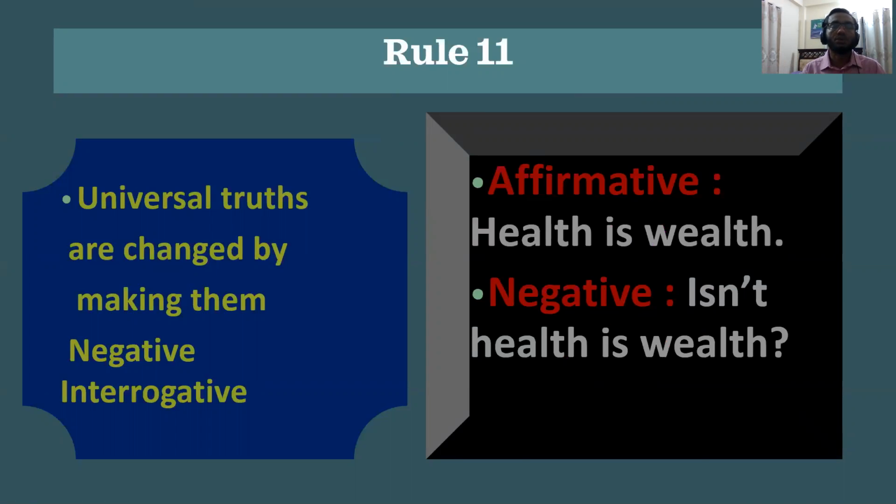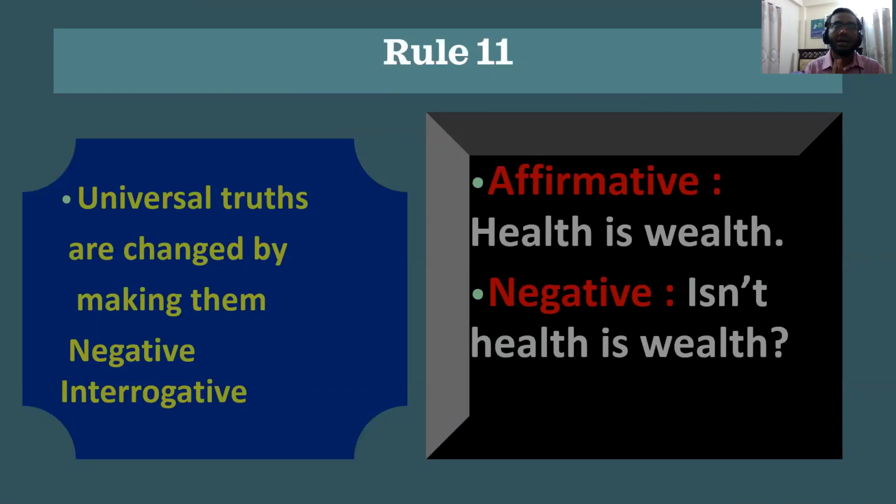Again, I am going to say this rule: universal truths are changed by making them negative interrogative. And follow the example. In affirmative, health is wealth, and in negative form, isn't health wealth?